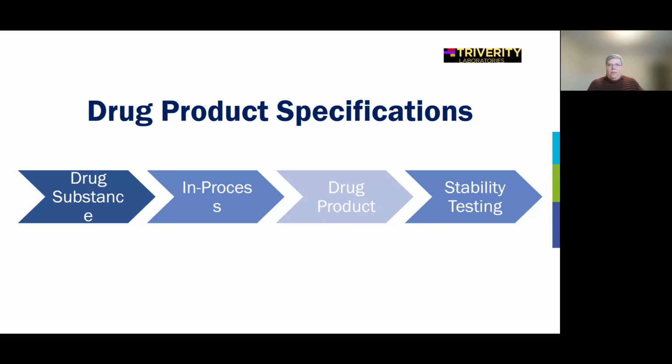And then looking at your drug product release versus stability testing, the only thing that needs to go on your stability specification is anything that's stability indicating. We've seen specifications where we're testing residual solvents or elemental impurities on stability, which just doesn't make any sense because we wouldn't expect contaminants to grow.